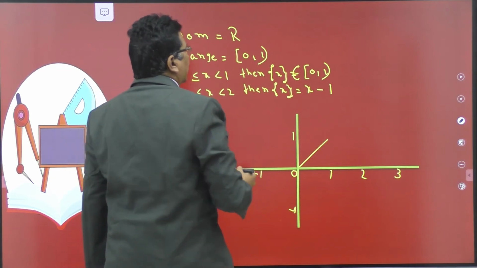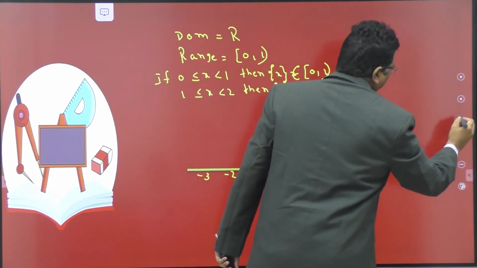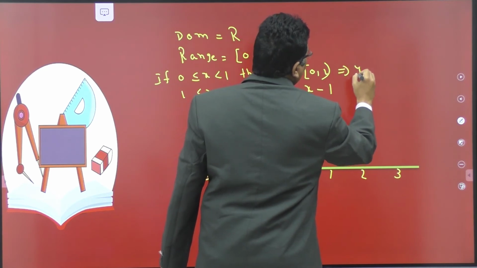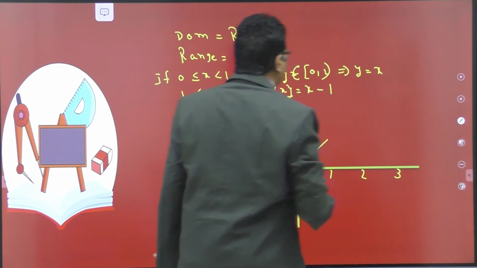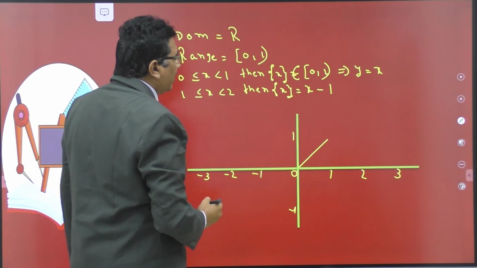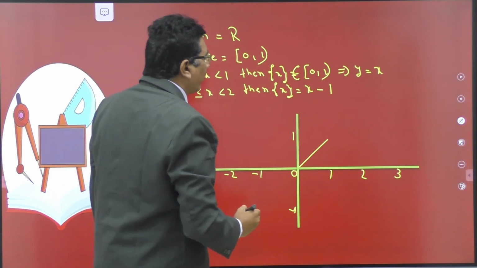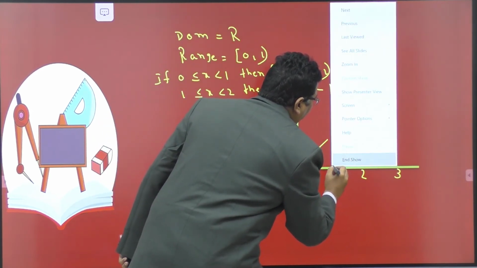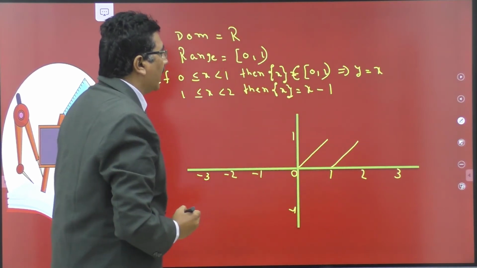So if x lies between 1 and 2, the graph is a straight line, y is equal to x minus 1, right?